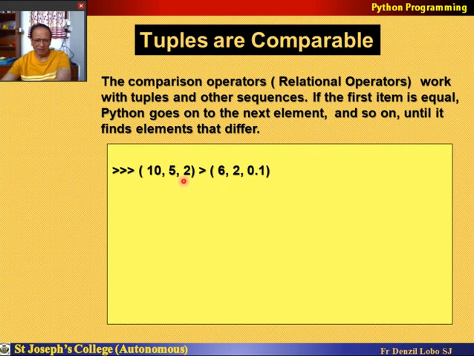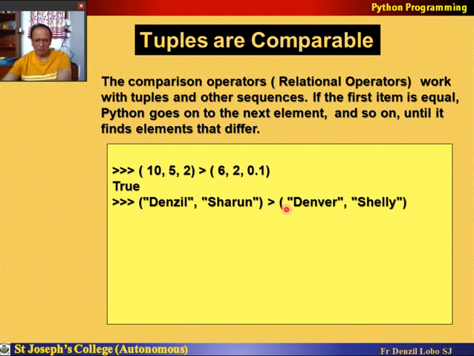So let us see. Now (10, 5, 2) and (6, 2, 0.1). So 10 compares with 6, 5 compares with 2 and 2 compares with 0.1. Naturally all three are greater, therefore it is going to return true.